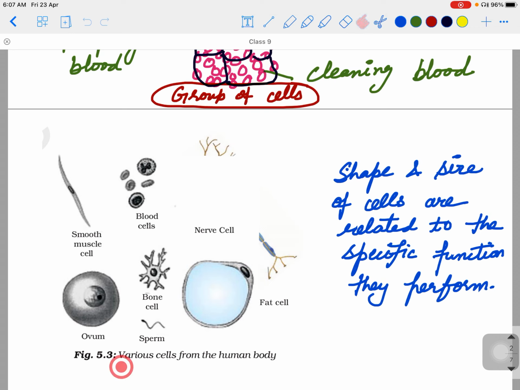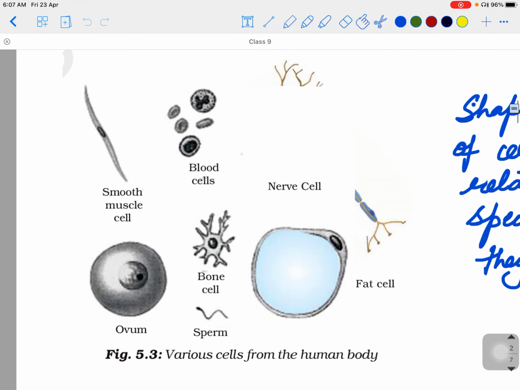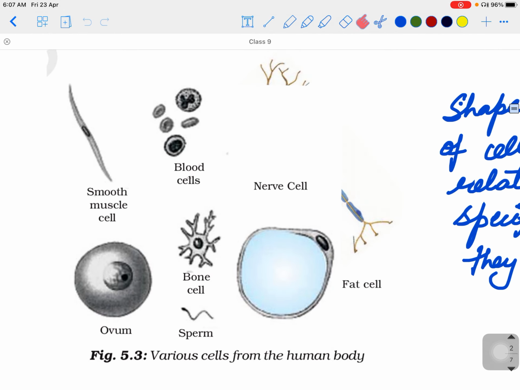Here you can see various cells from the human body. This figure 5.3 is taken from your NCERT book. These are various cells from the human body. This is smooth muscle cell, blood cell, nerve cell. Some portion is missing in my photograph here, but in your NCERT the complete diagram is shown. Ovum, sperm, bone cell, fat cell.